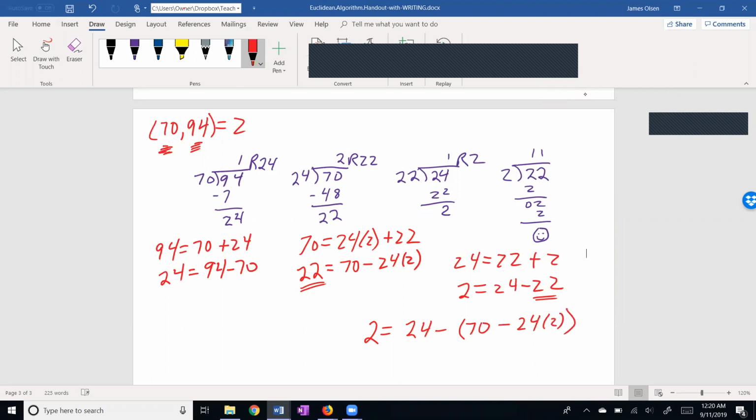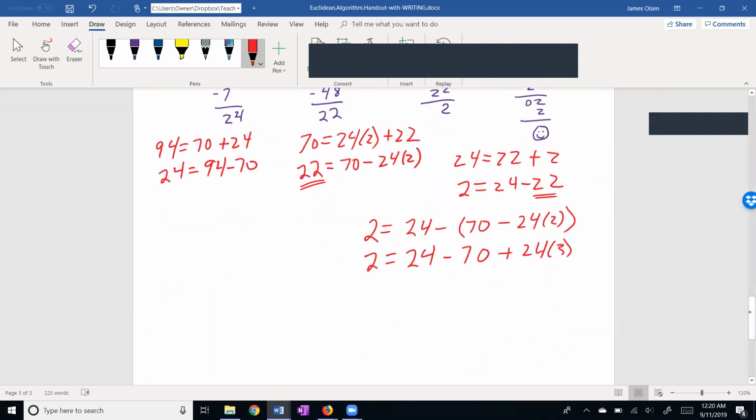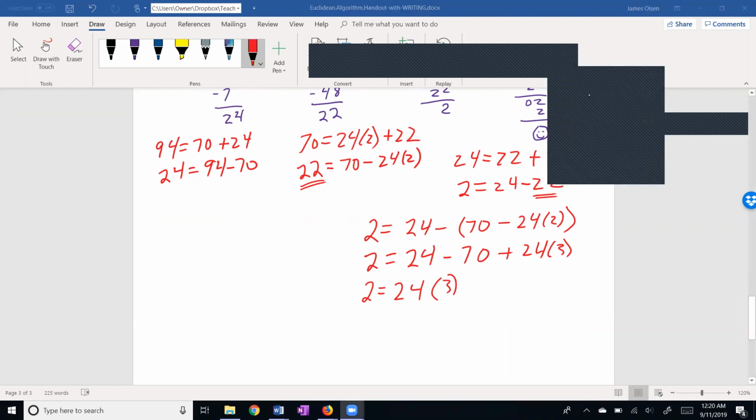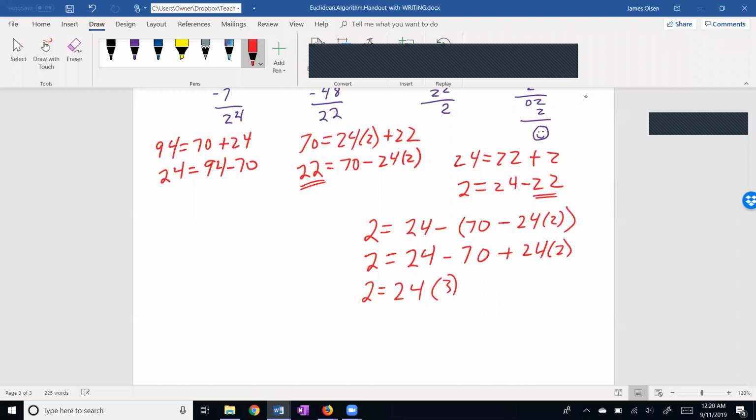And when I distribute the subtraction through, I get 24 minus 70 plus 24 times 2. So 2 is equal to 24 times 3. Sorry about that. Let me correct that error. This should be a 2. So I have 3 copies of 24 and minus 1 copy of 70.